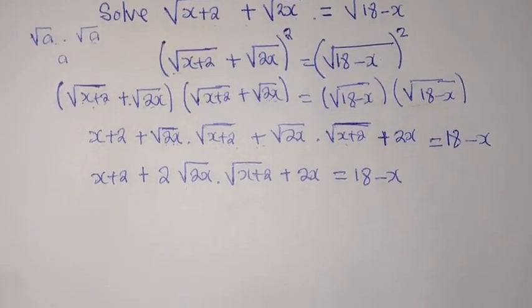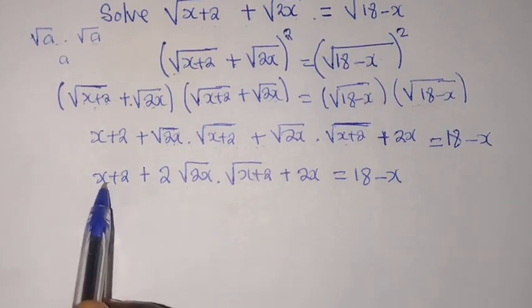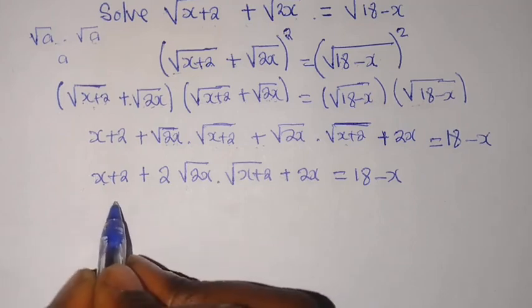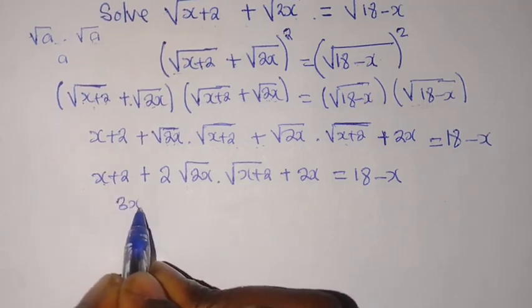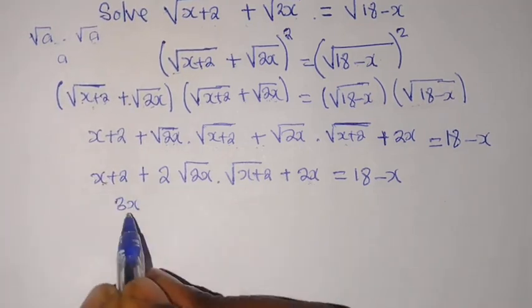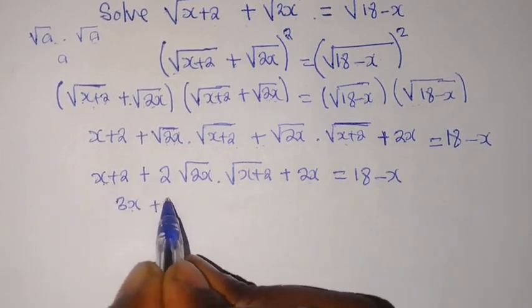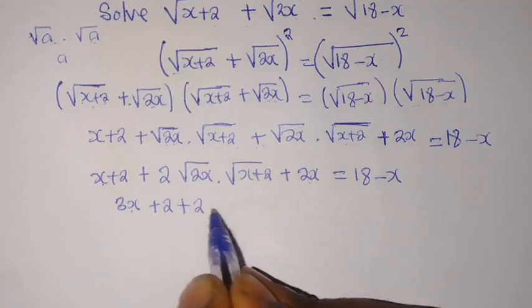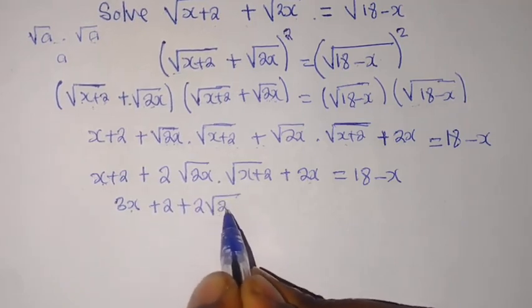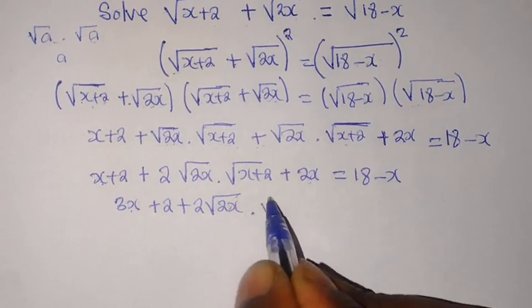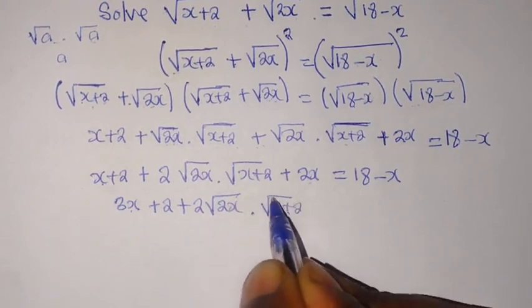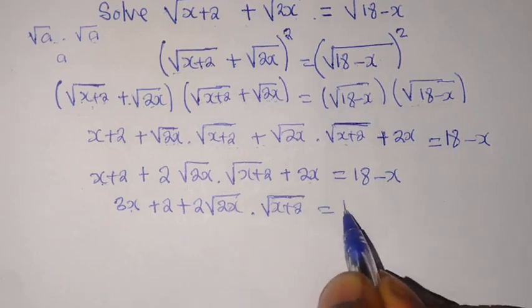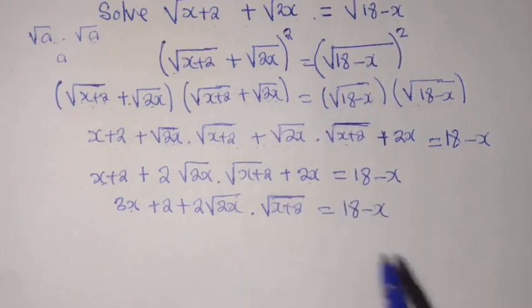So from here, we can say this x plus 2x, this will give us 3x. This and this 3x. Then plus 2. Then plus 2 root of 2x times root of x plus 2, which will be equal to 18 minus x.